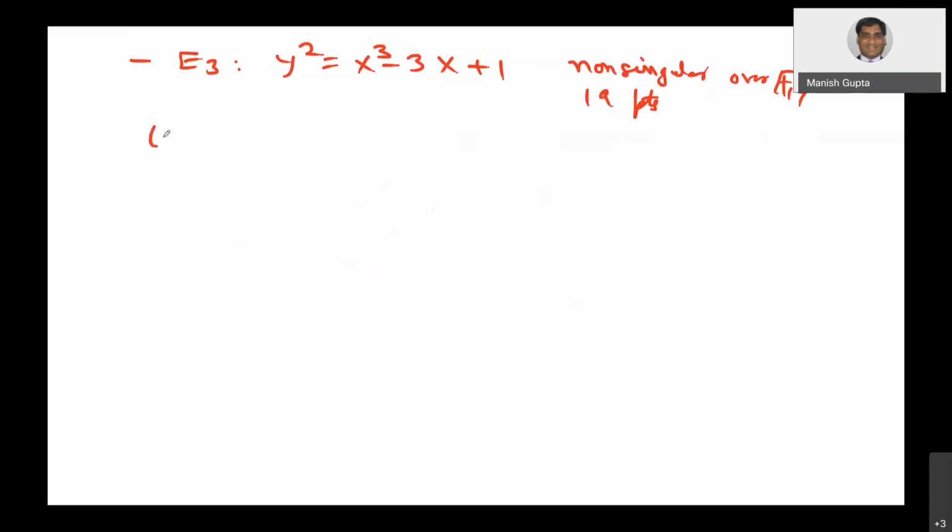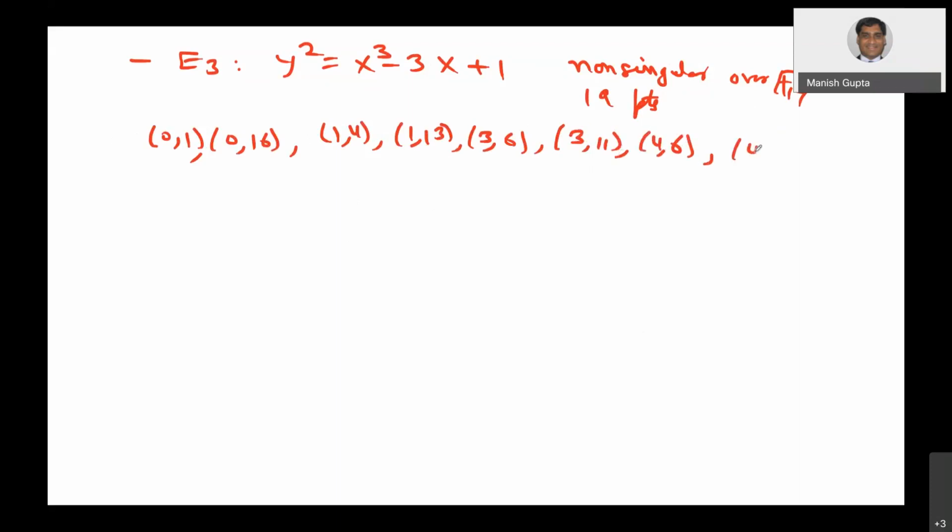We can mention (0, 1), (0, 16), (1, 4), (1, 13), (3, 6), (3, 11), (4, 6), (4, 11), (5, 3), (5, 14), (7, 0).